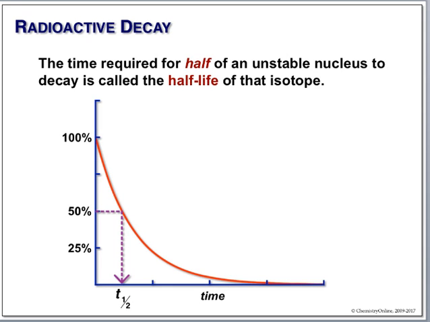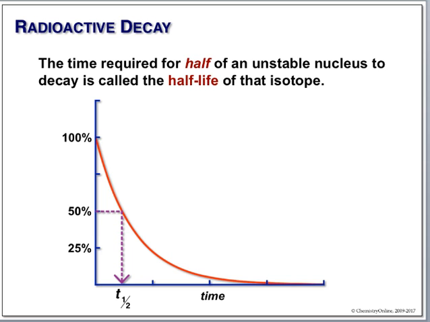The concept of half-life. As these elements start spitting these things out and changing from one element to another, how long does it take to do that? Well, that's measured in what's called a half-life.